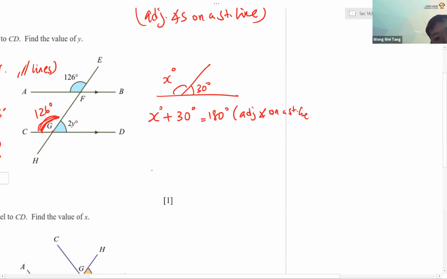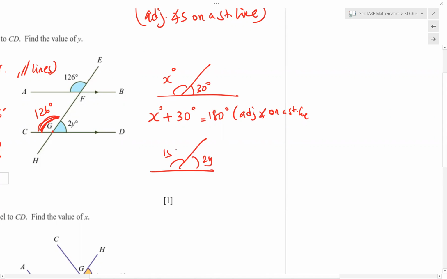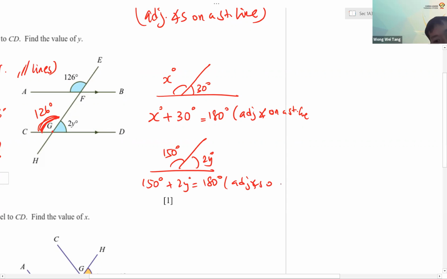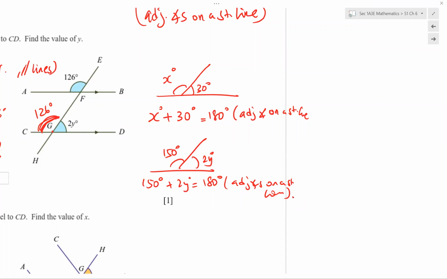If I have 2y and 150 degrees, it is just 150 degrees plus 2y equals 180 degrees, adjacent angles on a straight line. Do you understand? Just add, equal 180, state reason. That's it. Don't complicate things.